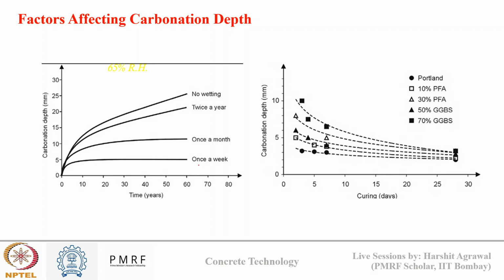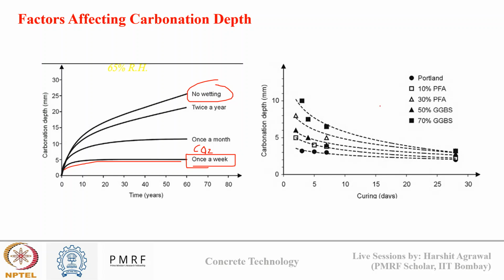If we expose concrete to wetting drying cycles once a week, the rate of carbonation is very small, because when the concrete is completely moist, CO2 ingress won't happen, since CO2 is a gas and its rate of diffusion through water is very small. But if there is no wetting, then the rate of carbonation is very high because CO2 has easier access through concrete.